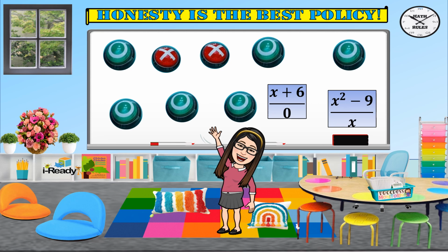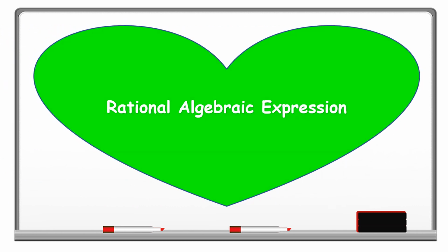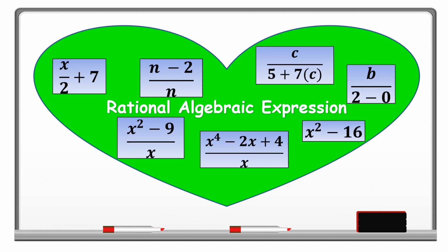X plus 6 all over 0? Red light, or not a rational algebraic expression. And the last one, we have x squared minus 9 all over x, green light, rational algebraic expression. Let's have all the green light examples.